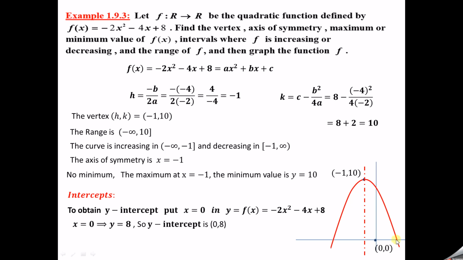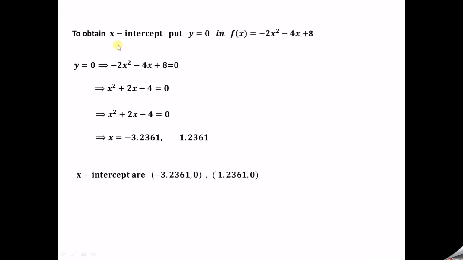Now similarly, x-intercepts we can find. We find these by putting y equal to 0 in this equation. Y is nothing but f(x). f(x) is 0. That means minus 2x square minus 4x plus 8 is 0. This is an equation. If we solve this equation for x, we will get 2 x values.